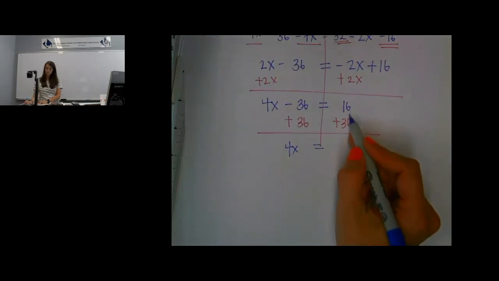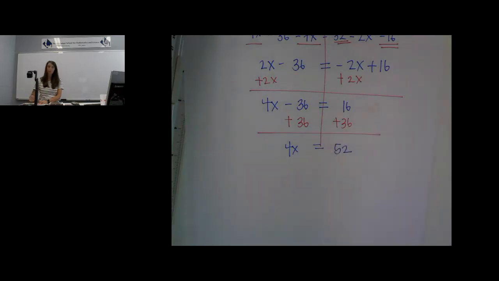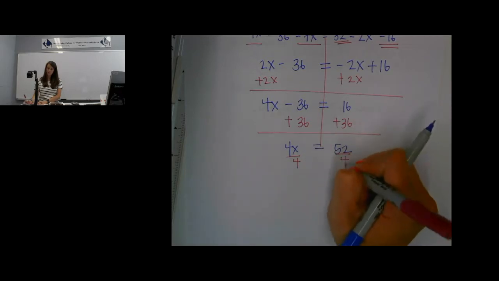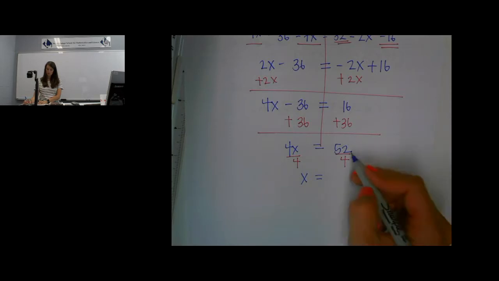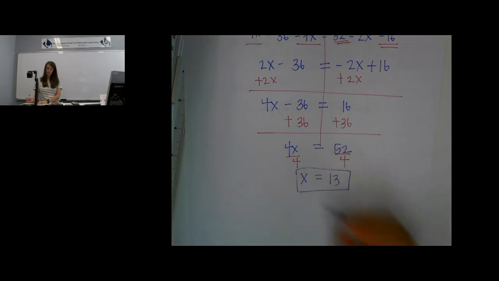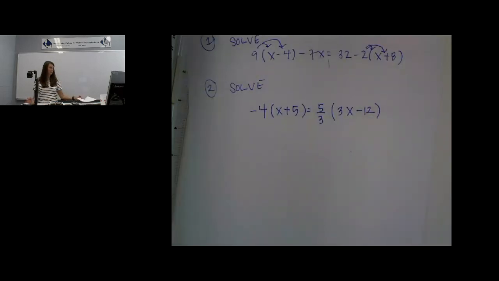So when I do this, I'm going to have 16 plus 36, which is a positive 52. And then you will divide both sides by 4. So x is going to be equal to 52 divided by 4, which is, I think, 13. Okay. All right. Hopefully you did pretty good on that one.